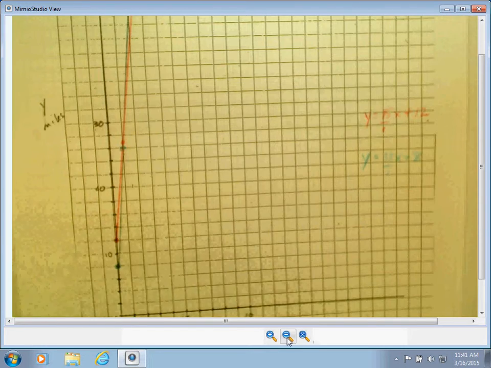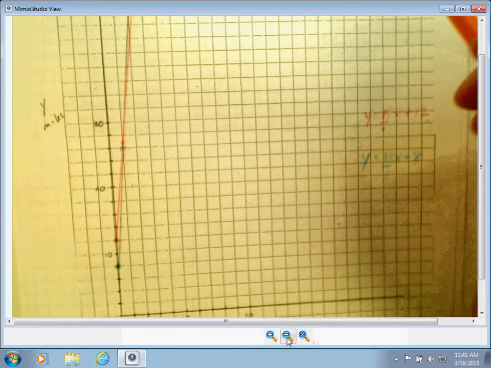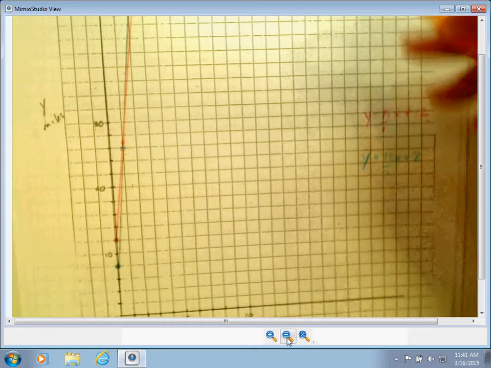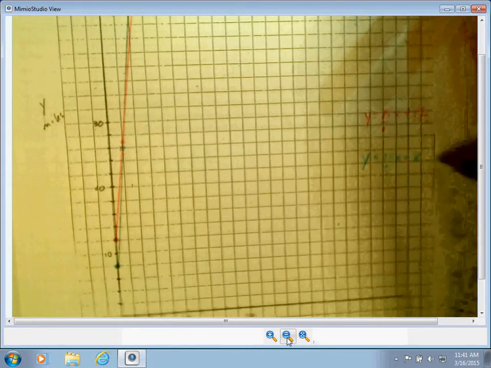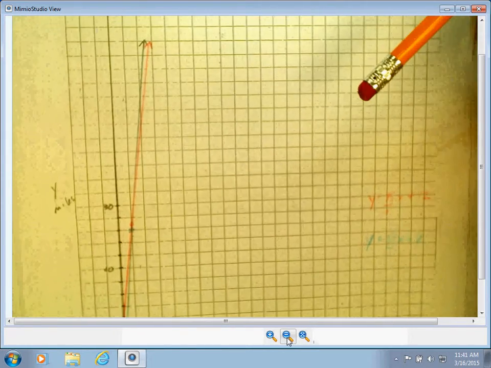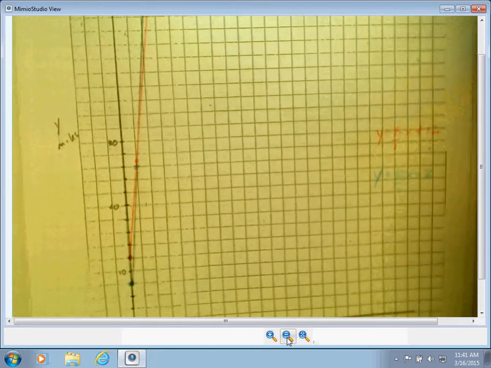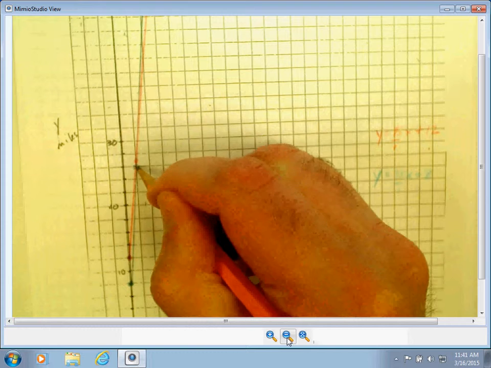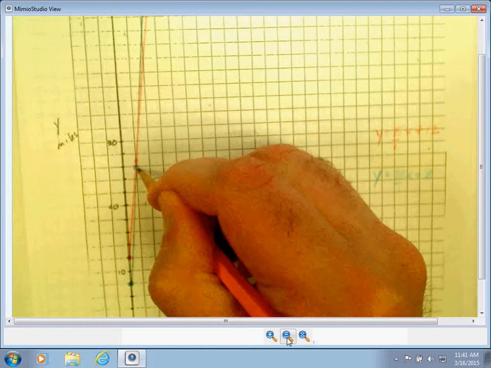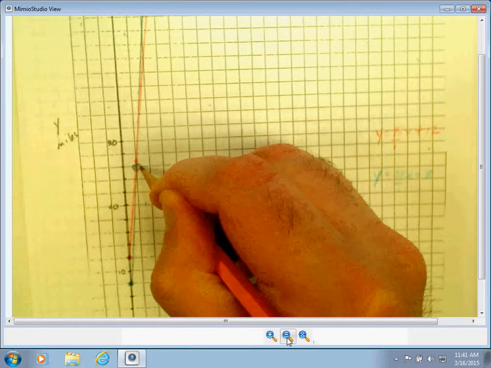See, what we see is that the two graphs are so steep that they almost look like they're the same line. But if you look at the top of this thing, you can see where the blue one starts to get even steeper than the red one. It looks like the answer is right here, where the blue and the red one cross each other, right at this spot.